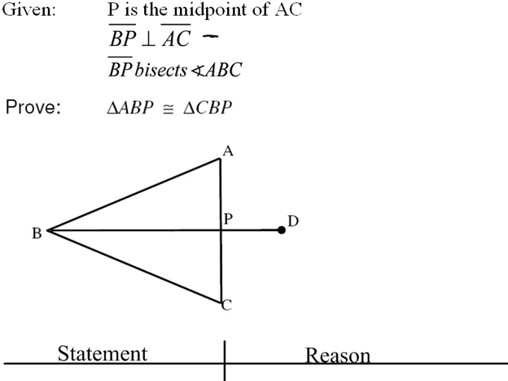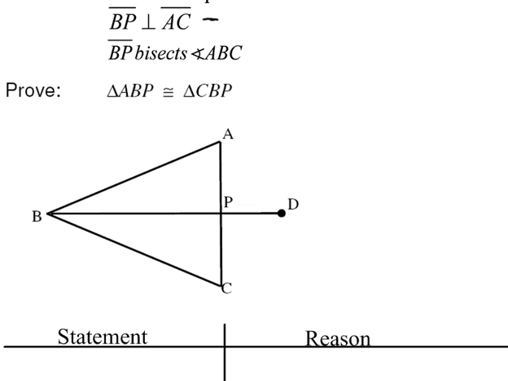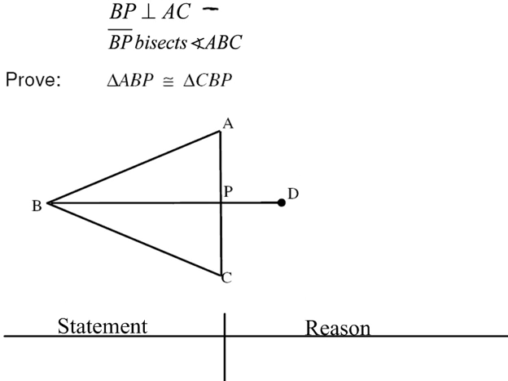All right, let's just start with that. We got to start somewhere. That says that BP is perpendicular to AC. Perpendicular lines form 90-degree angles. So what that means is that this is a 90-degree angle and this is a 90-degree angle. Right? BP is perpendicular to AC.